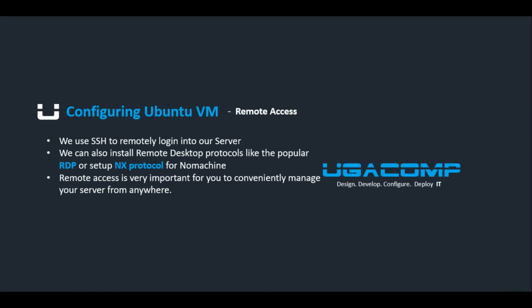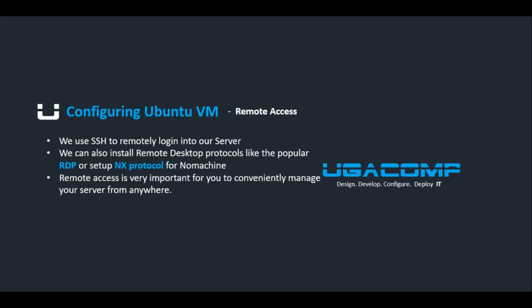We can also install remote desktop protocols like the popular RDP, or even set up the NX protocol for NoMachine. We can use RDP and configure it on our server, and then use the Remote Desktop client for Windows to be able to access the graphical user interface of our server.